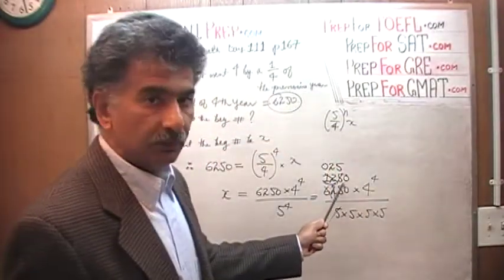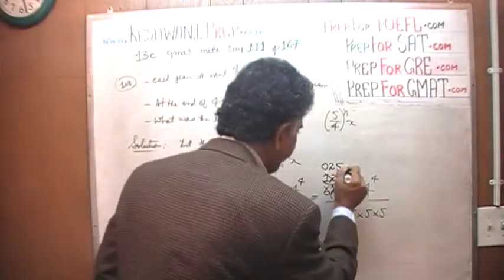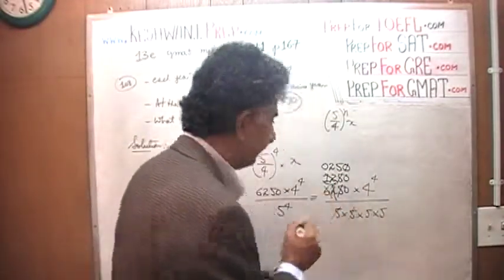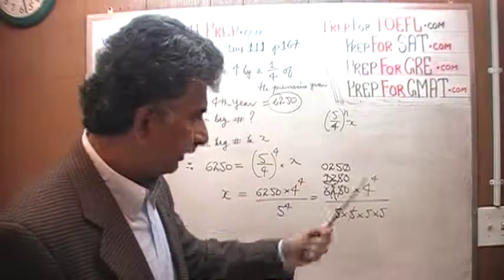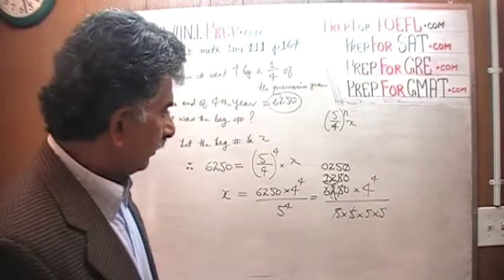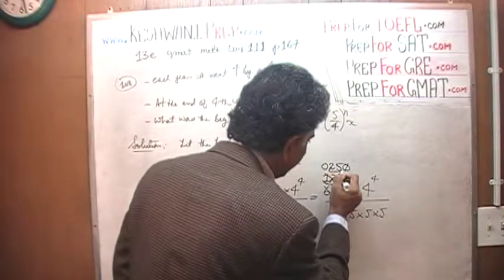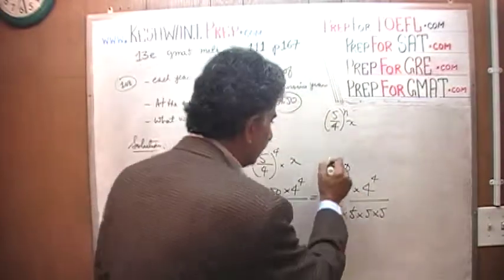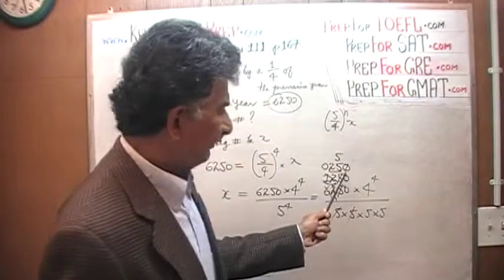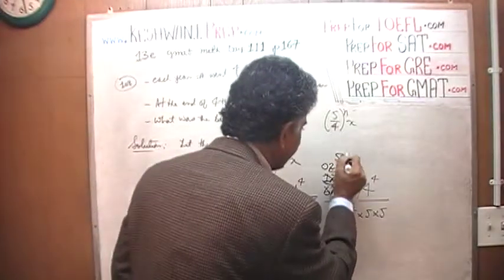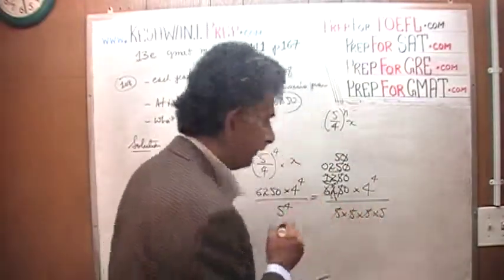How many 5s in a 0? A 0 has no 5s. That takes care of the second 5. Let's divide top and bottom by 5 again. This is 25 here. How many 5s in a 25? 25 has 5 5s. How many 5s in a 0? 0 has no 5s. That takes care of the third 5.